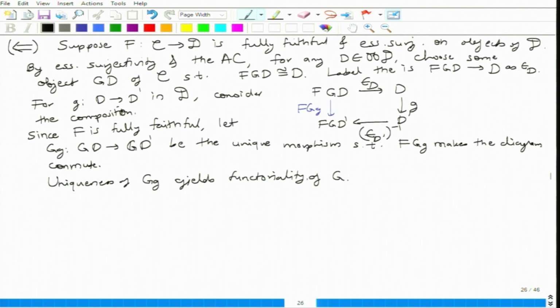So now what do we need to show? The first part we have done. Epsilon is a natural isomorphism. Very good. Is there anything to show here? Why?